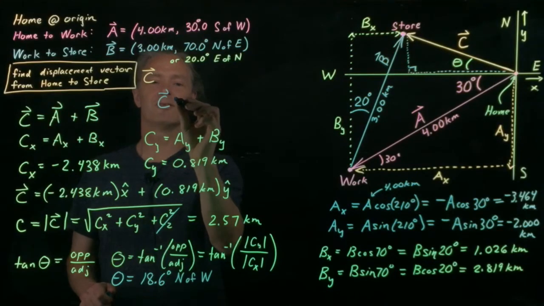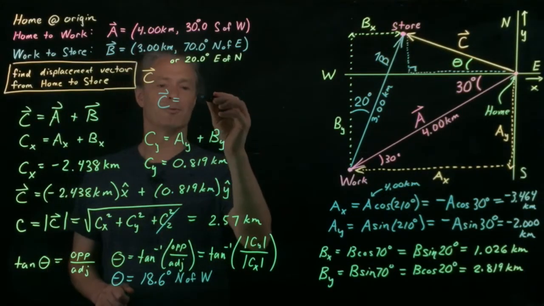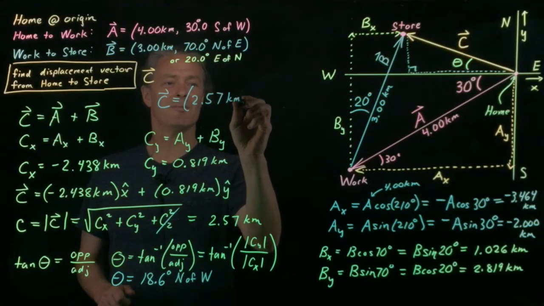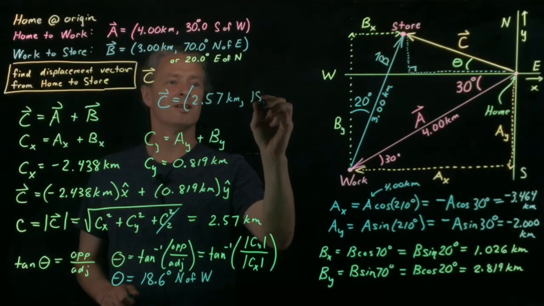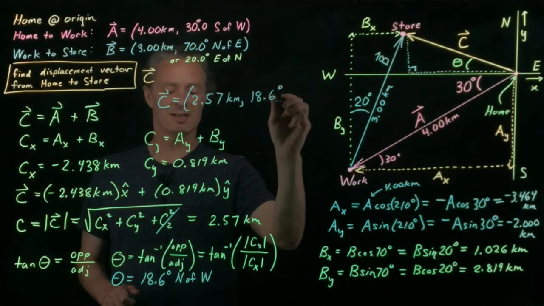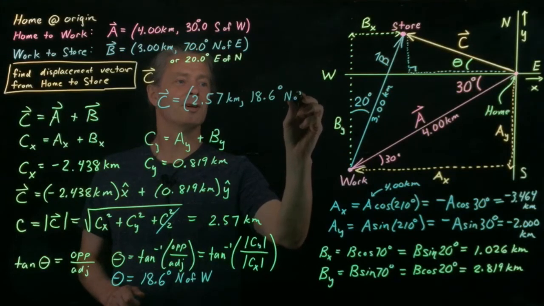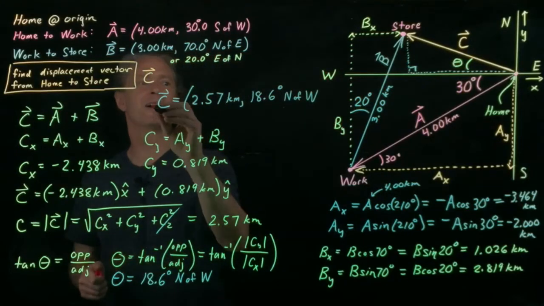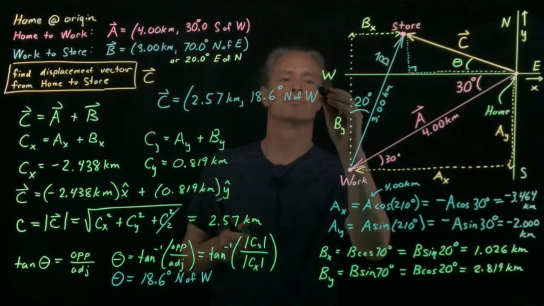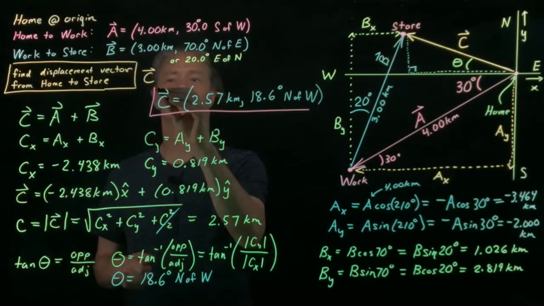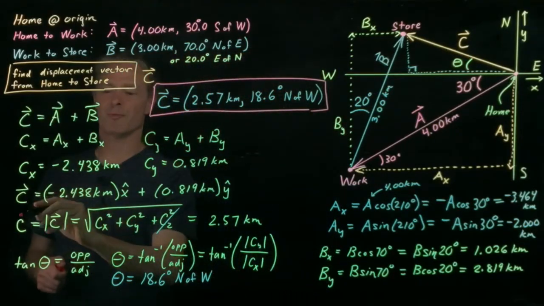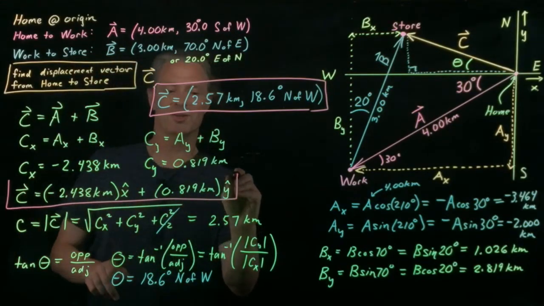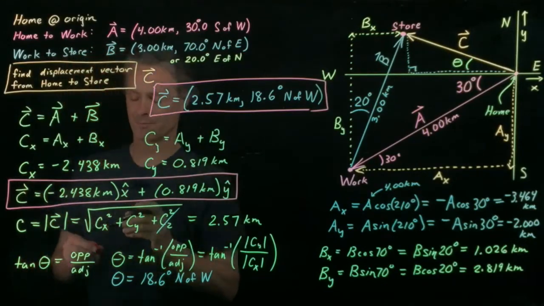My magnitude and direction format for vector C would be 2.57 kilometers in the direction 18.6 degrees north of west. All right, and I will box that up. And I'll box this vector up as well, noting that I should have rounded this to 1 decimal place earlier.